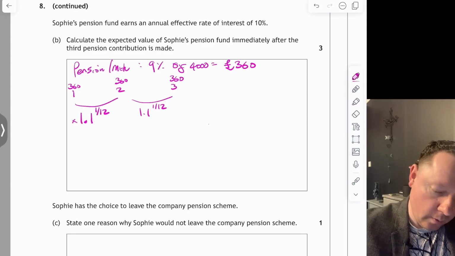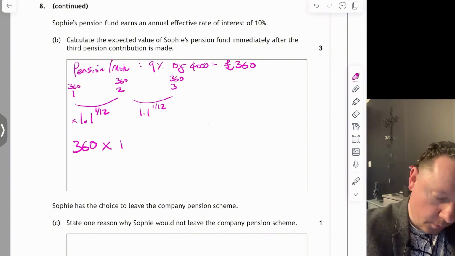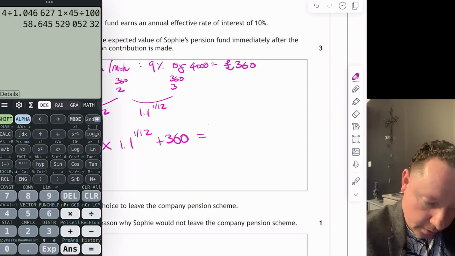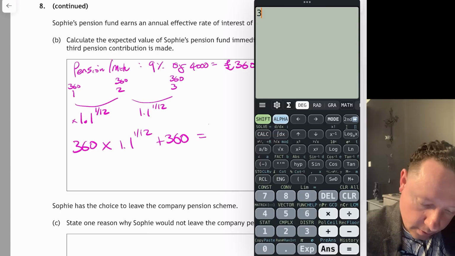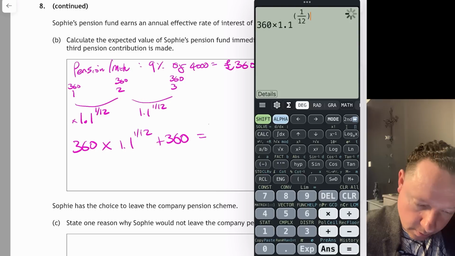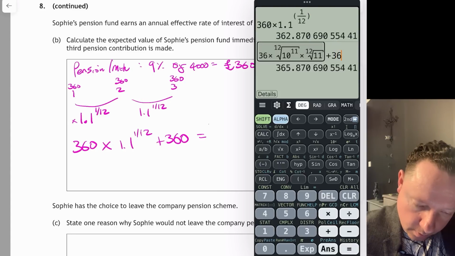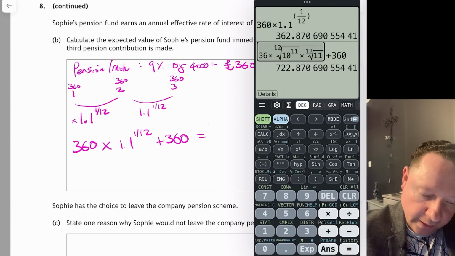So continuing this question, we're starting with 360. We're timesing by 1.1 to the power of 1/12, and then we add 360 at the end of that. So that gives us 722.87 to start with.